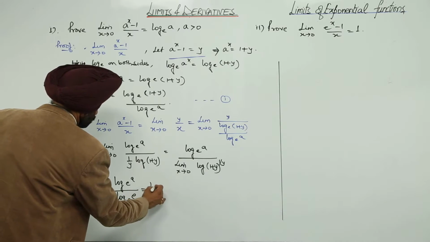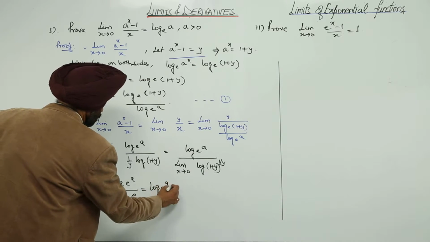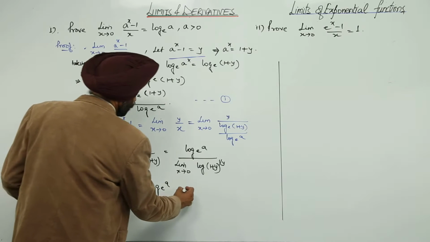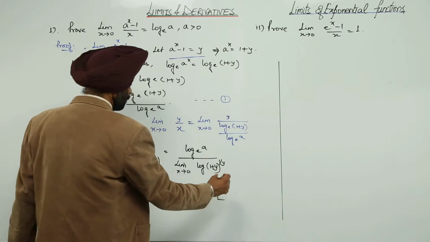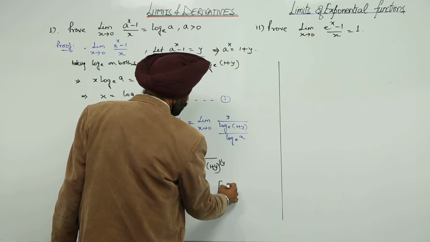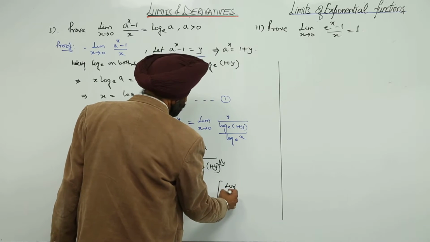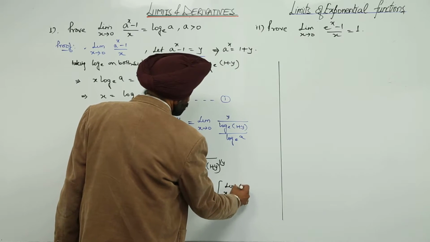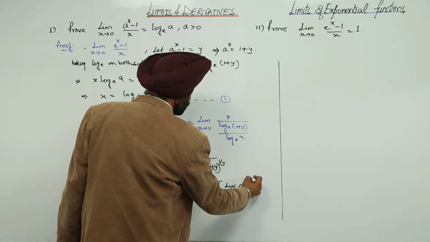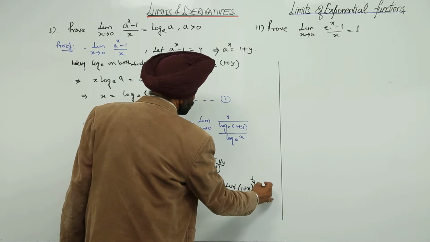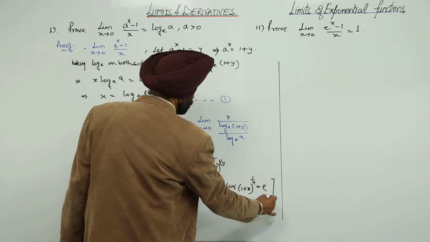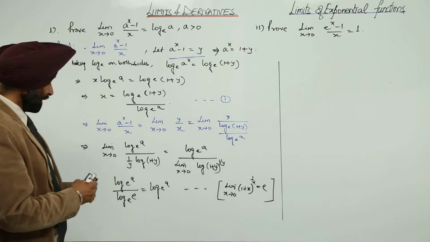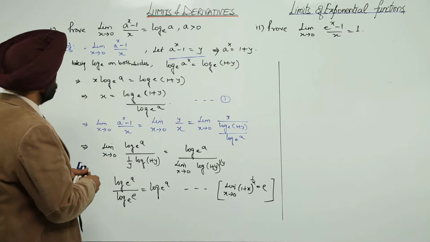This is equal to log e a, since limit x approaches 0, (1 plus x) raised to power 1 upon x is equal to e. Okay.